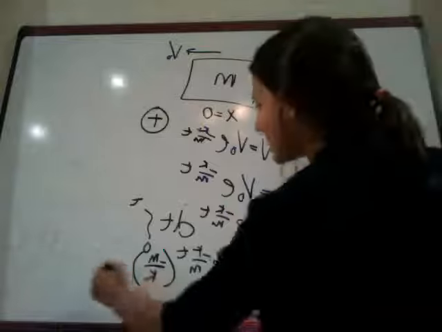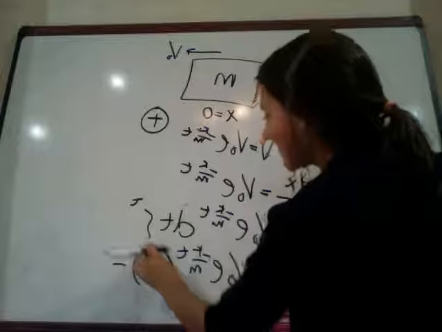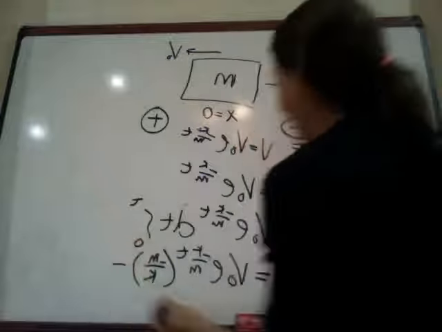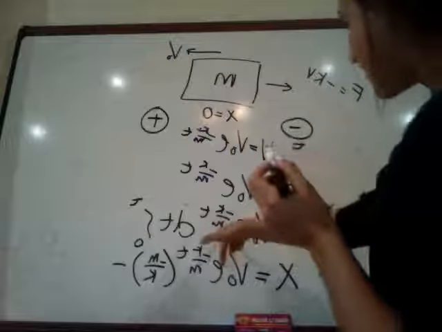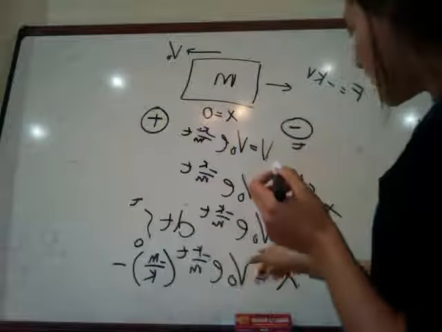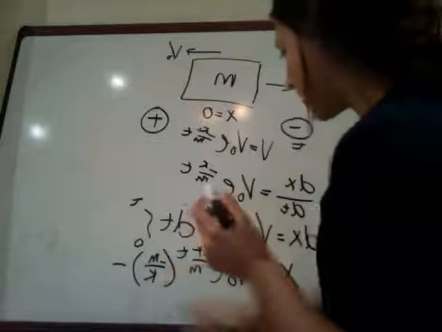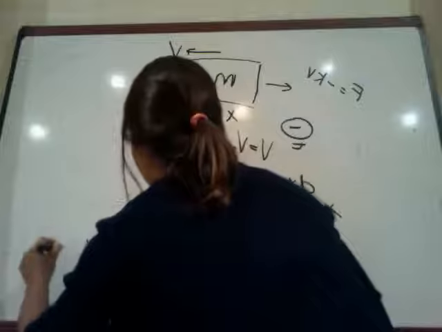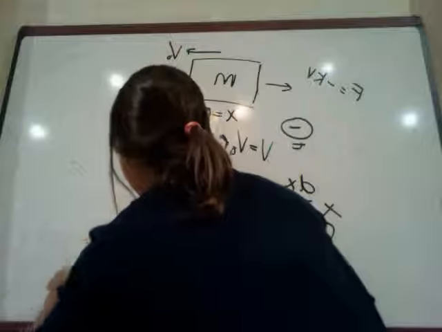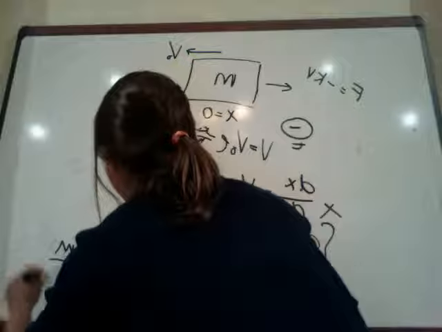Now we have to subtract from when time equals 0, and when time equals 0, this is just 1, so we're left with V0 and negative m over k. Negative V0 m over k.